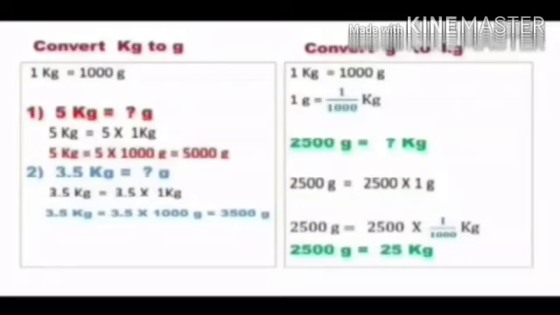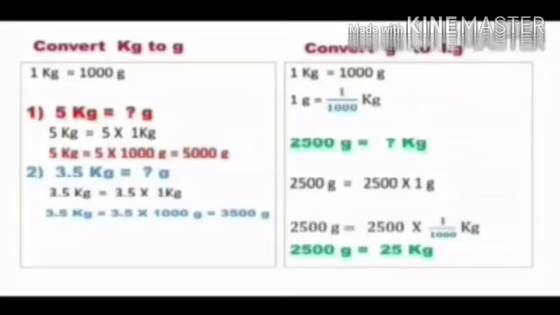In the place of kilogram, we can write 1000 gram. So we have 5 kilogram is equal to 5 times 1000 gram, which is subsequently equal to 5000 gram. Hence, 5 kilogram is equal to 5000 gram.